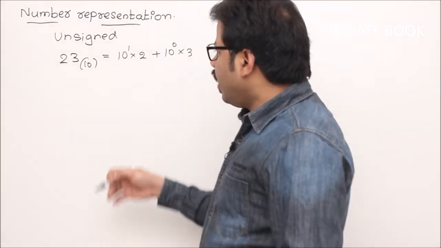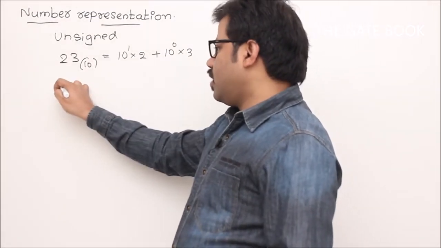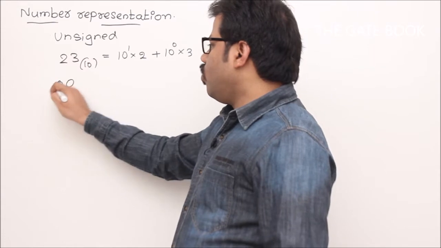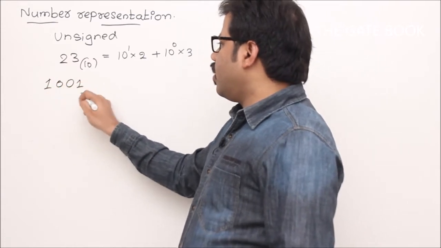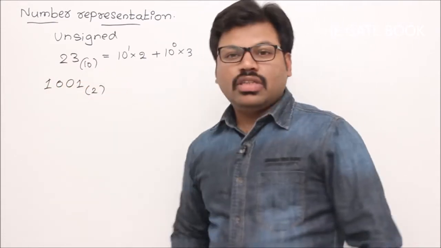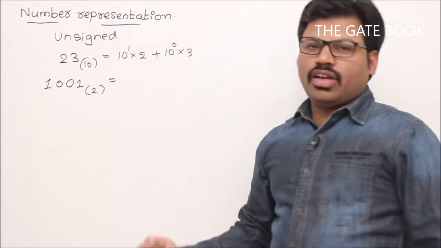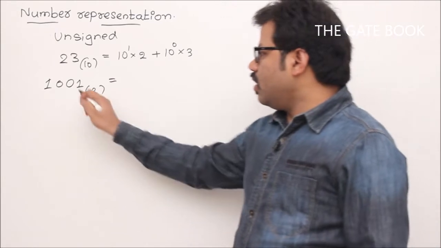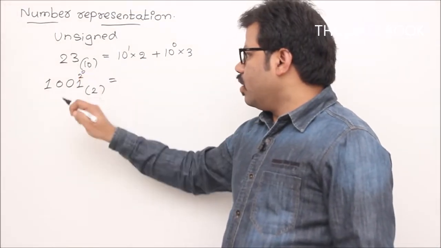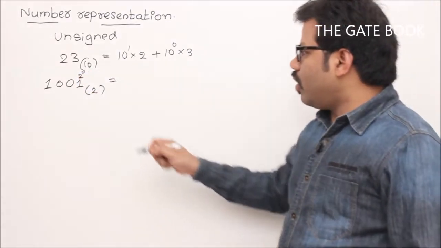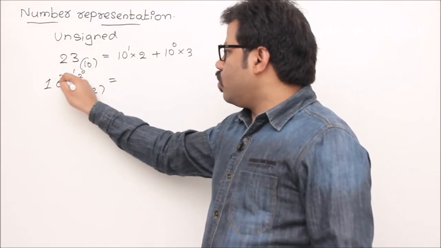Similarly, we can write in a binary format. Example, let's say 001001, base 2. This is a binary format, right? So what is the equivalent decimal value for that? If you want to know the conversion, we have to give the weightages. Every number system is a weighted model: 2 power 0, 2 power 1, 2 square, 2 cube.